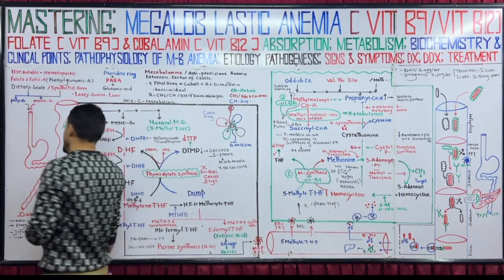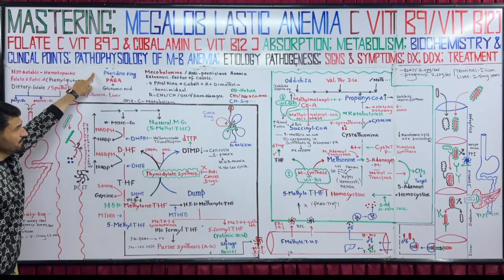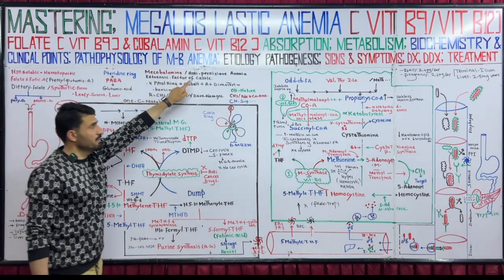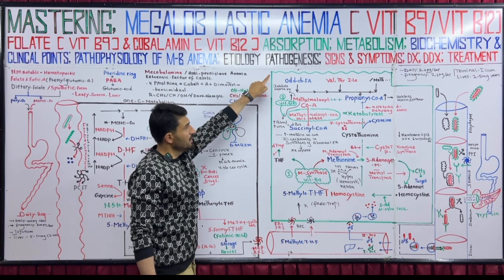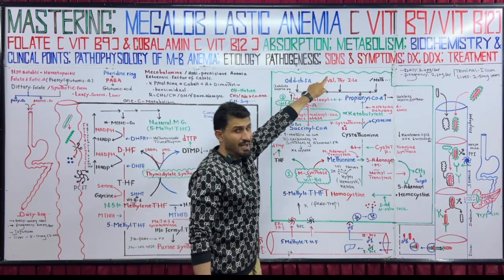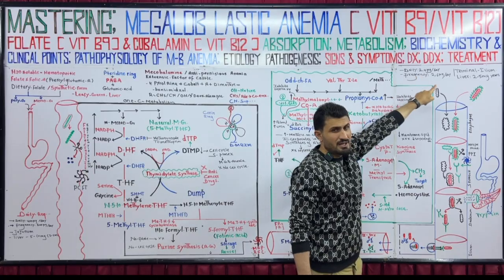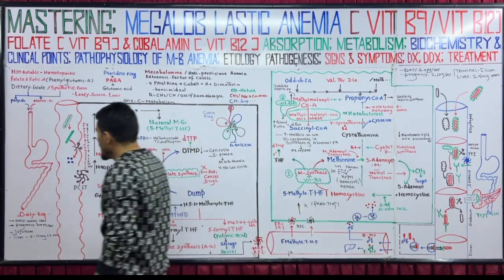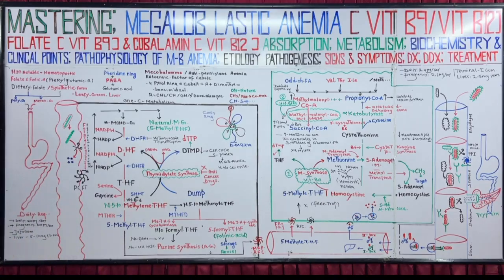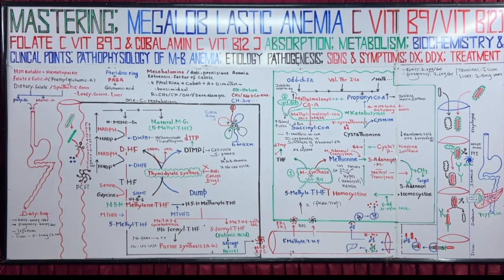Okay, and in the next part we will talk about pathophysiology of megaloblastic anemia, causes or etiology, pathogenesis, signs and symptoms, diagnosis, differential diagnosis, and treatment of megaloblastic anemia. Okay, so first things first, let's talk about folate or vitamin B9.